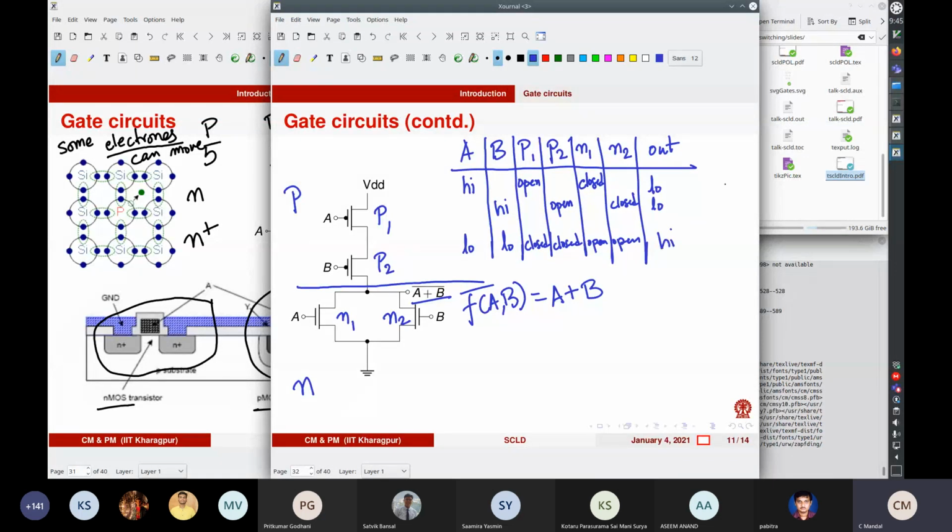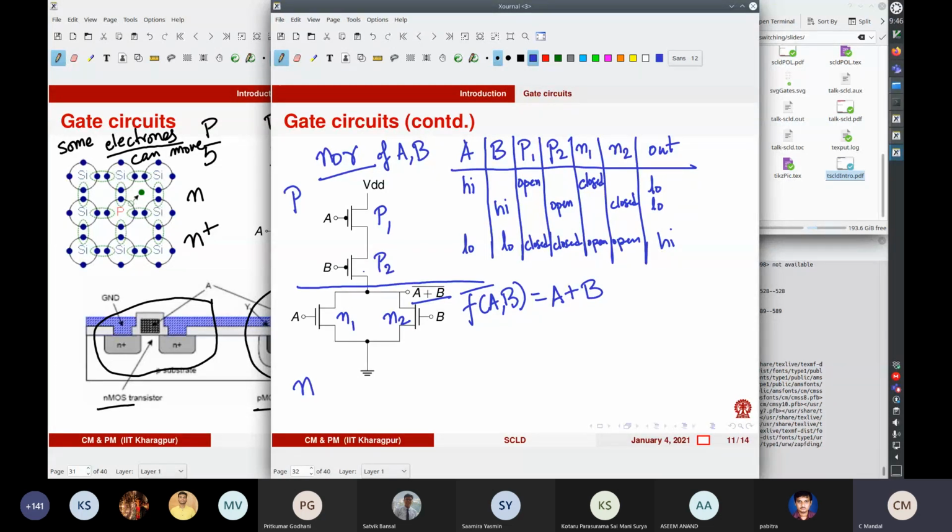So this way you can understand how it works. You can call it the operation table. So this shows that this gate is working as a NOR gate. NOR of A, B.